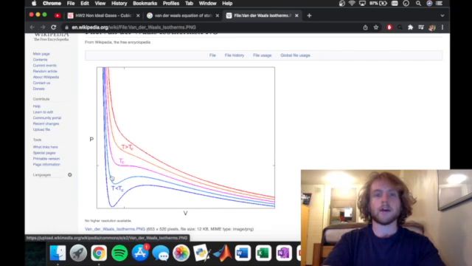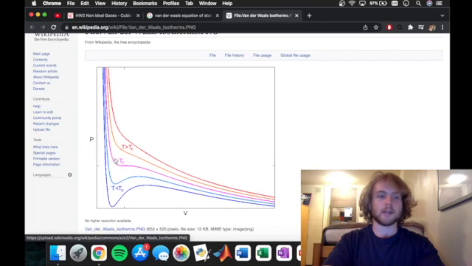Basically what is happening is the volume is being changed, and as that volume is being changed, how the pressure changes along with it is what's being measured. As you can see here, this TC represents the critical temperature.